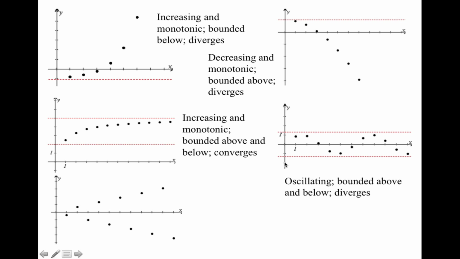So even though it's bounded above and below, it is considered divergent since it's oscillating. It's not converging to one specific value. This next graph is decreasing and increasing, so it's kind of doing this kind of thing. It's not bounded, so therefore it diverges.